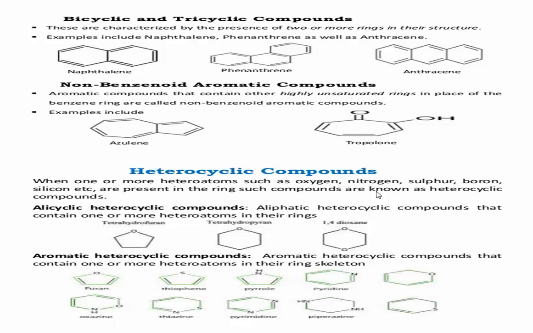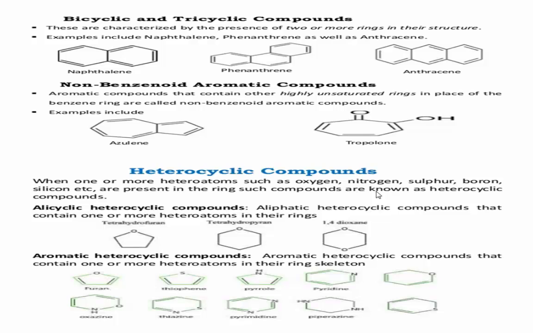And heterocyclic compounds. What are heterocyclic compounds? Students, remember, these are the compounds in which one of the carbon atoms is replaced by other atoms like nitrogen, sulfur, oxygen, etc. Hetero means different.